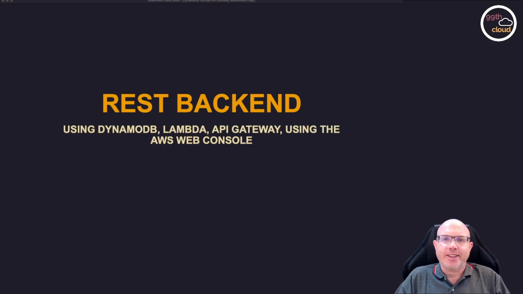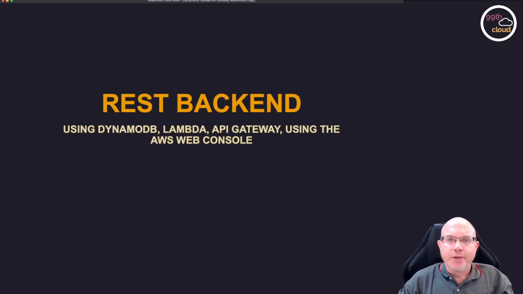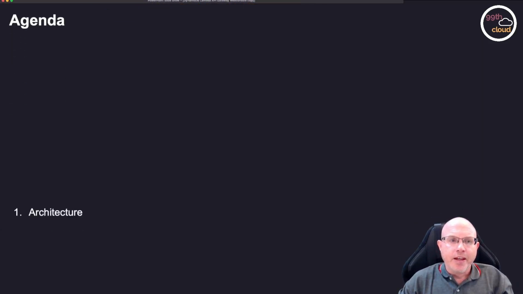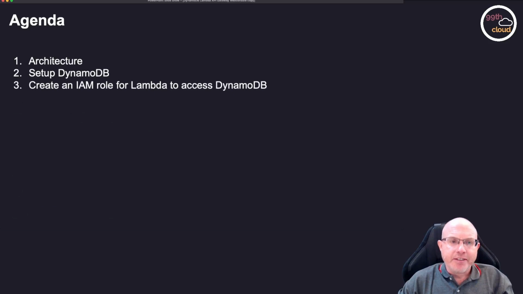So let's get started. Let's have a look at the agenda. First, we will look at the architecture so that we know what we are building. Then we will set up a DynamoDB table. Once we have that, we will create an IAM role so that our Lambda functions can access DynamoDB.